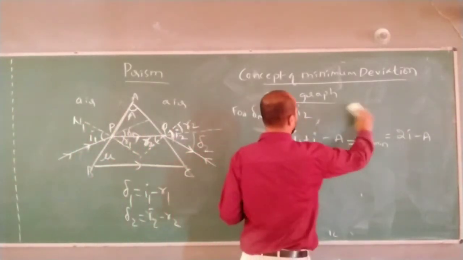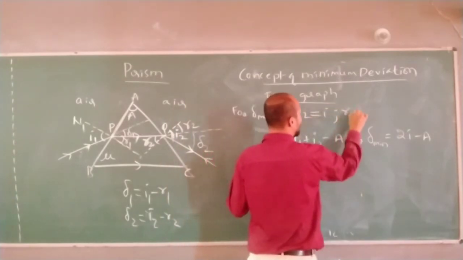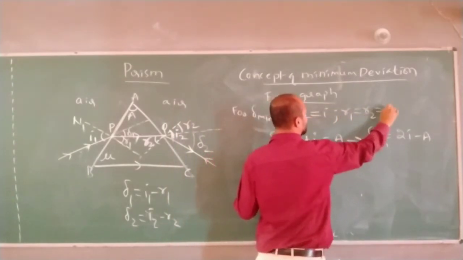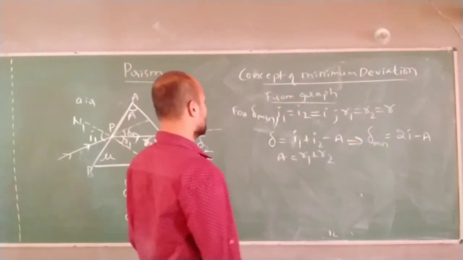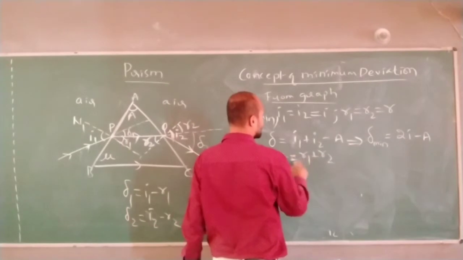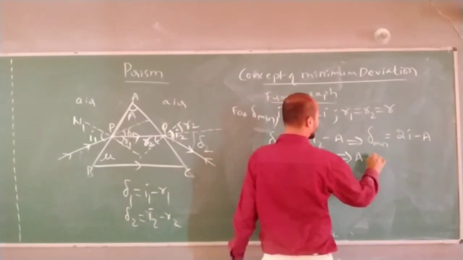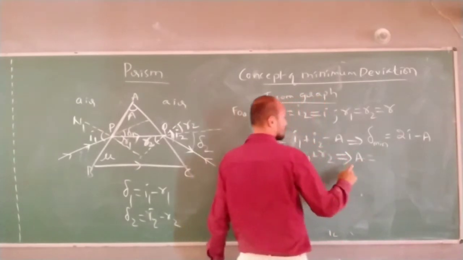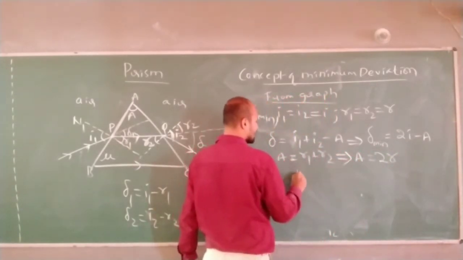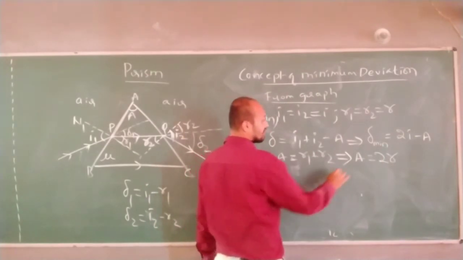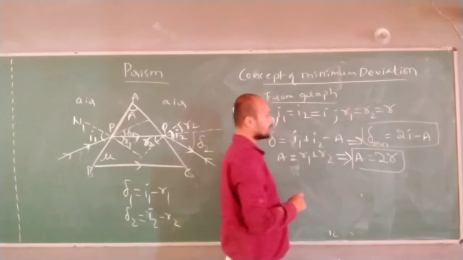Let us consider I1 equal to I2 equal to I, and R1 equal to R2 equal to R. So δ is 2I minus A, and A is R1 plus R2, which can be written as 2R. These are the relations which hold for minimum deviation.